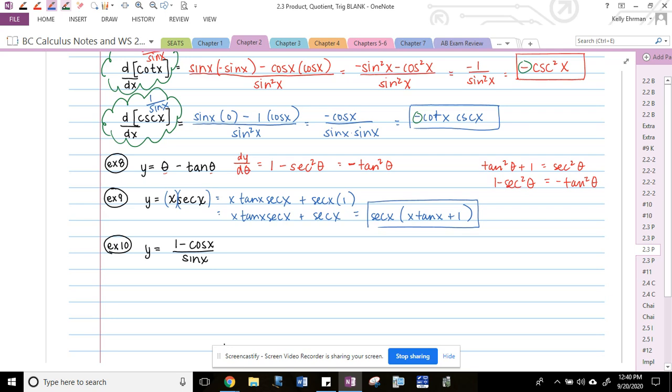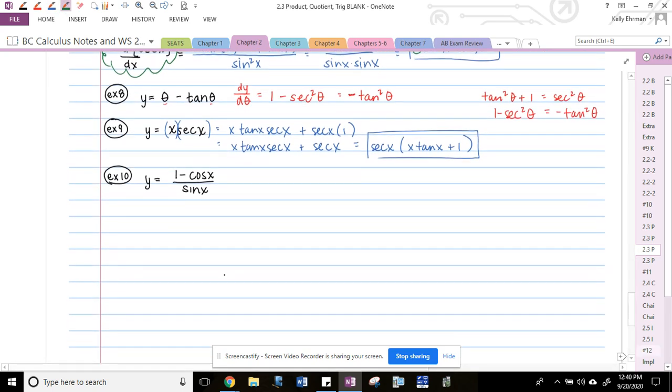All right, for my next one, I have a couple of options here. I can divide, which is probably what I would first think to do. 1 over sine x is cosecant x, minus cosine x over sine x is cotangent x. And then I can take the derivative of each term. So the derivative of cosecant is negative cotangent x cosecant x.